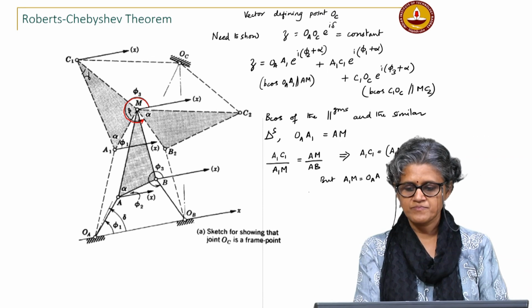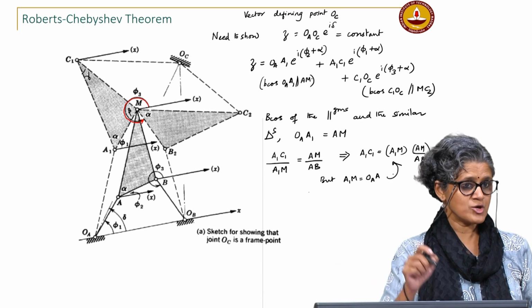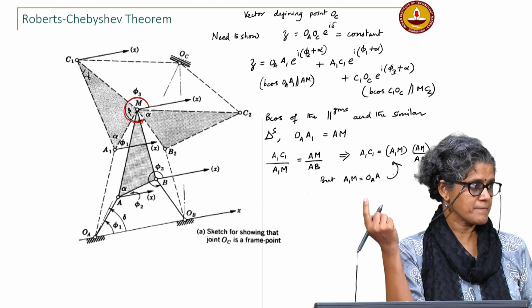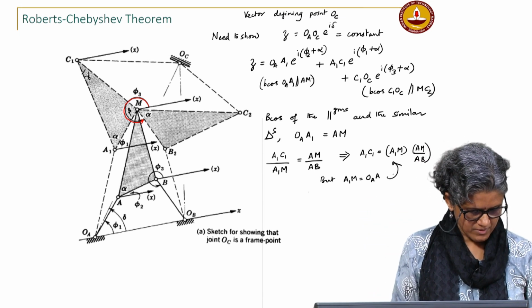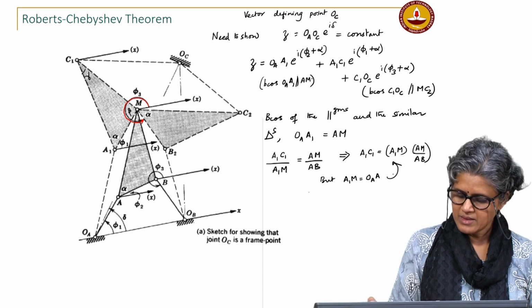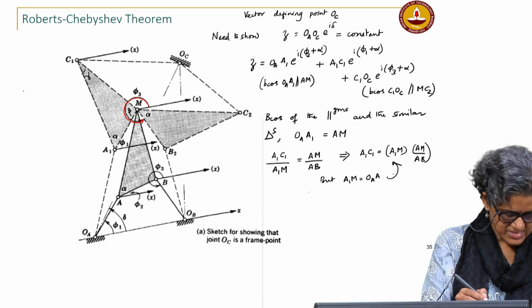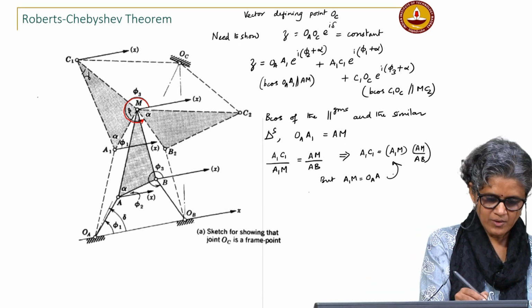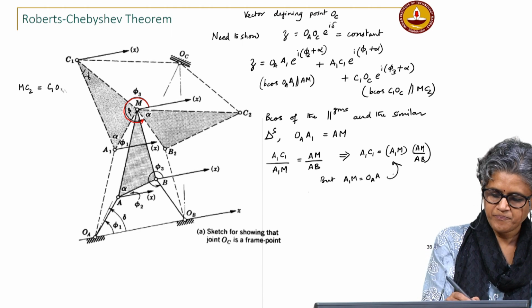Then A1 C1 is completely in terms of the original 4 bar. Then for the third, I have C1 OC, okay, MC2 is equal to C1 OC.